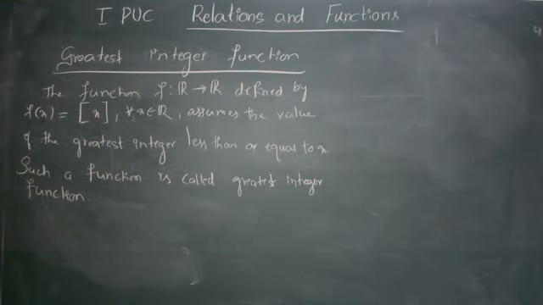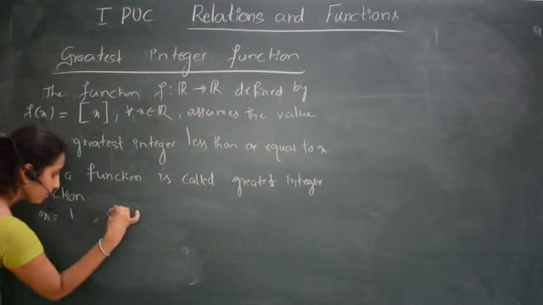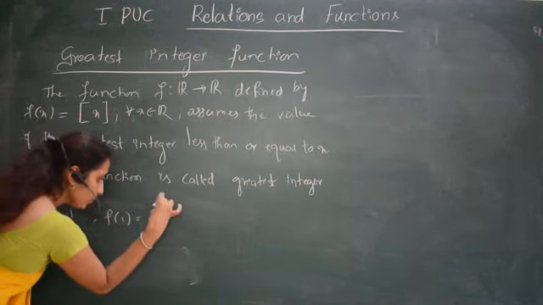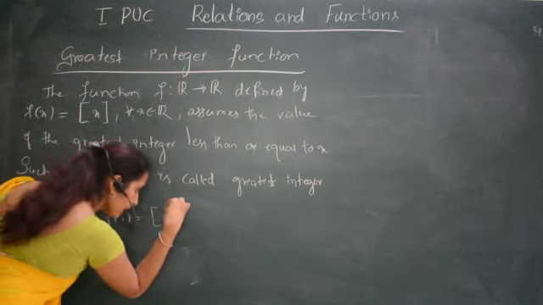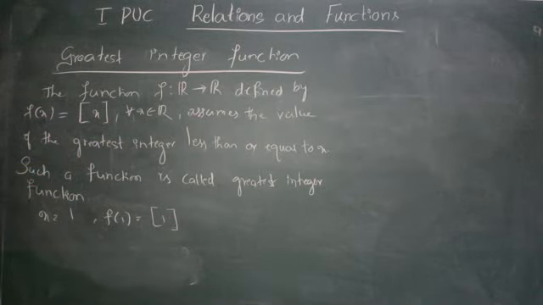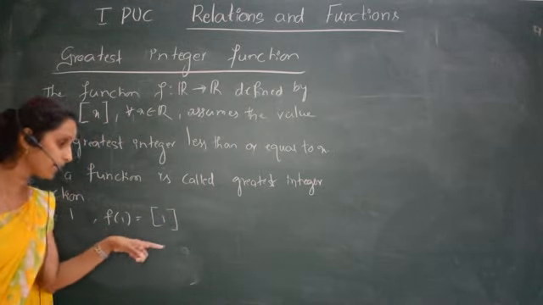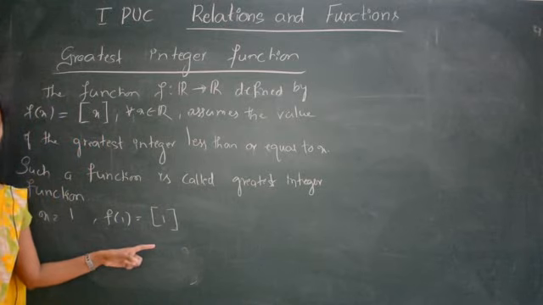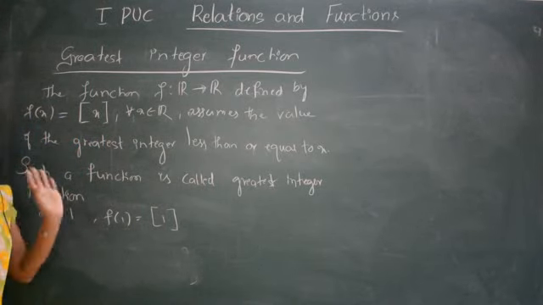That means if I take x equal to 1, then f of 1 is equal to [1]. Wherever you write a number inside the closed bracket, that indicates the greatest integer function.